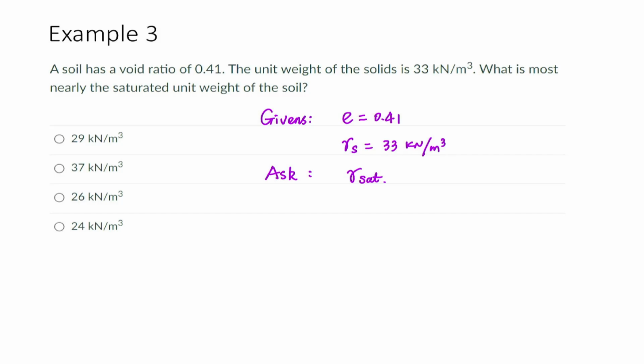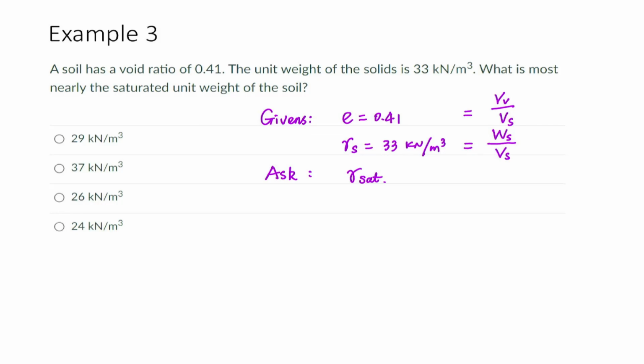To start with, let's have a quick refresh on the definitions of all 3 parameters. The first one, void ratio, is V sub V over V sub S, the volume of the voids over the volume of the solids. The definition of gamma S is the weight of the solids over the volume of the solids.